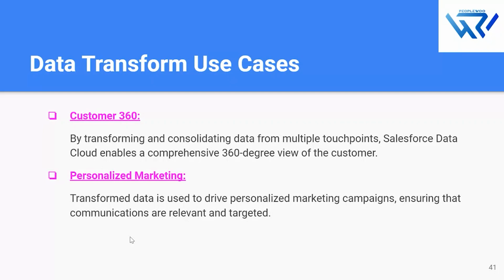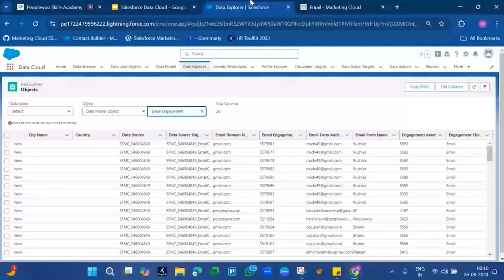It helps us take better decisions. Transform data is used to drive personalized marketing campaigns, ensuring that communications are relevant and targeted. So guys, let's not waste the time and start with our data transform capabilities.